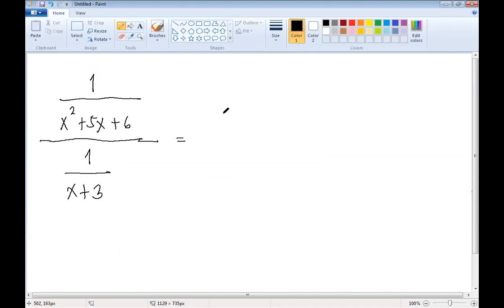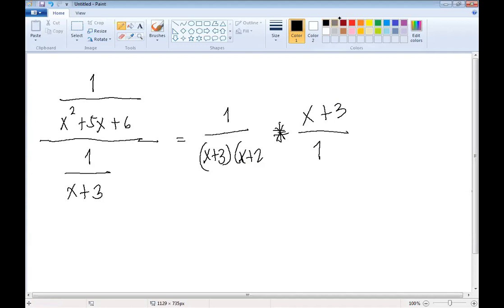We have 1 over x plus 3 and x plus 2, right? Equal to, we have times x plus 3 over 1. So therefore, you can cancel out that, and then the result now is equal to 1. So therefore, your answer now is equal to 1 over x plus 2.